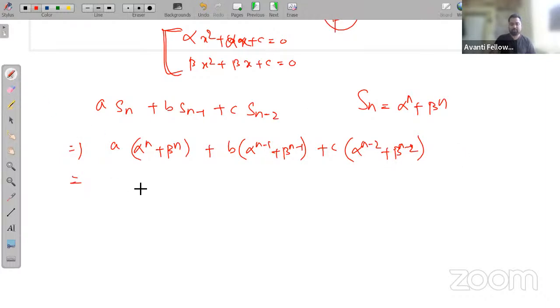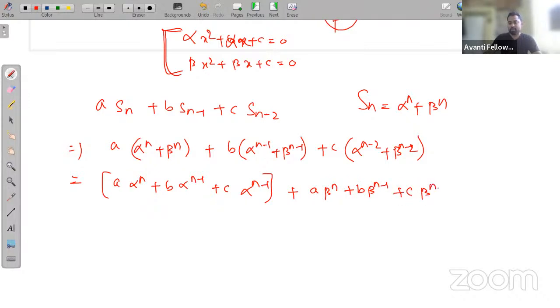Now just multiply all the terms, or open all the brackets. It will be A into alpha to the power n plus B into alpha to the power n minus 1 plus C into alpha to the power n minus 2, plus A into beta to the power n plus B into beta to the power n minus 1 plus C into beta to the power n minus 2.